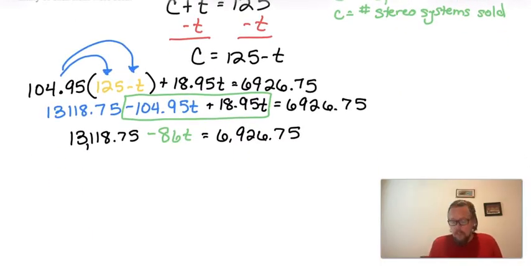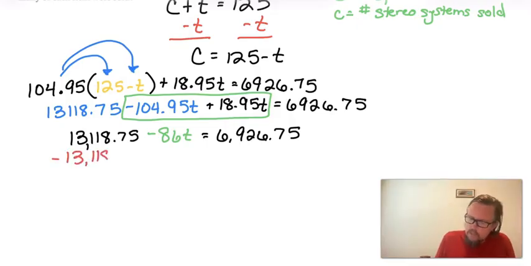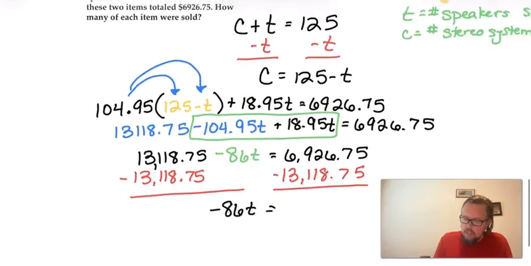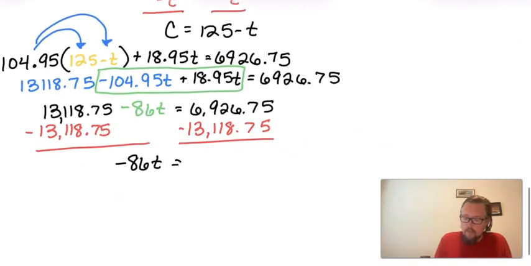Now it's time to get the variable isolated. Looks like we need to subtract. So we'll use the subtraction property of equality to do that. On this side, we're going to have negative 86T. And on my calculator, I'm going to do 6926.75 minus 13,118.75, which is negative 6,192.